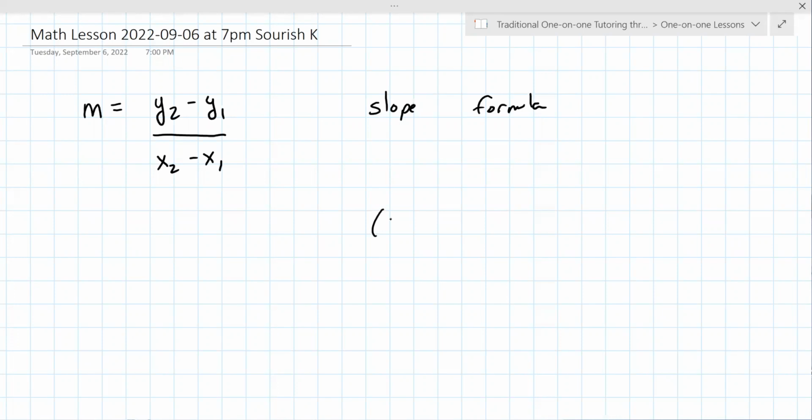Let's say the points are 3 comma -6 and 2 comma -4. Do you remember how we labeled these, how we decided which one was y2 and y1, x2 and x1? We worked on that over the summer. So tell me, is 3 y2, y1, x2, or x1?